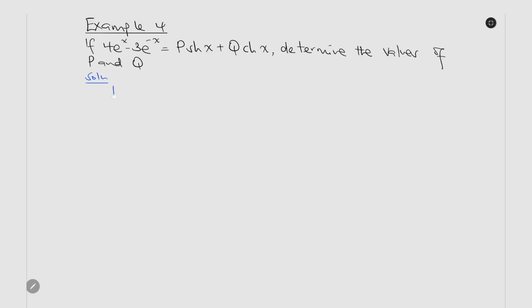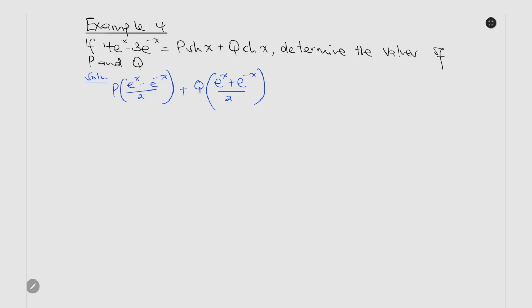we will have p sine, we know, is given by exponential x minus exponential negative x over 2, plus q exponential x plus exponential negative x over 2, which is cos.